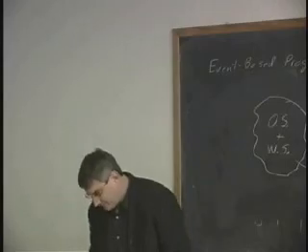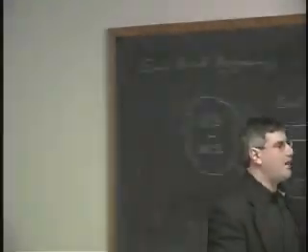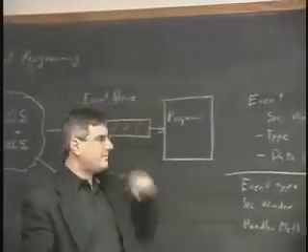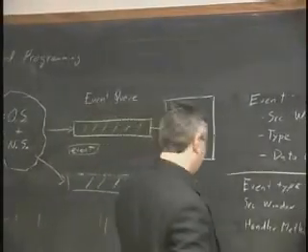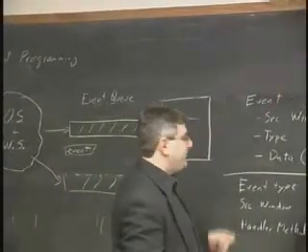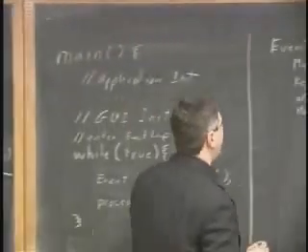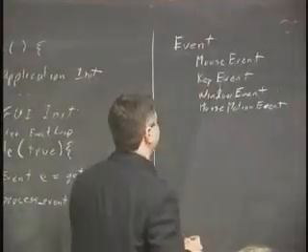So, all right, fine. Now we know how to specify events, and at least to a certain extent, specify event types. Let's talk about how to specify our handlers. Let's do a mouse event handler.